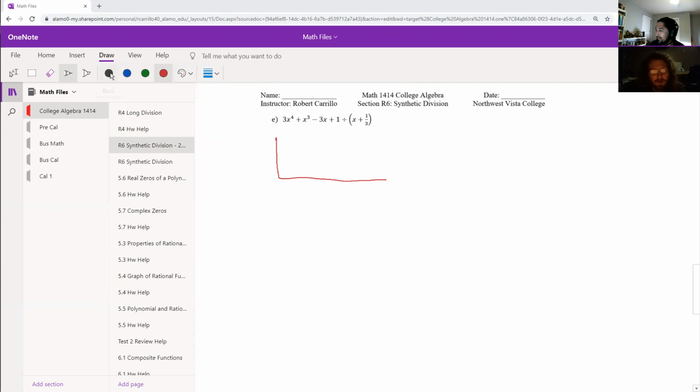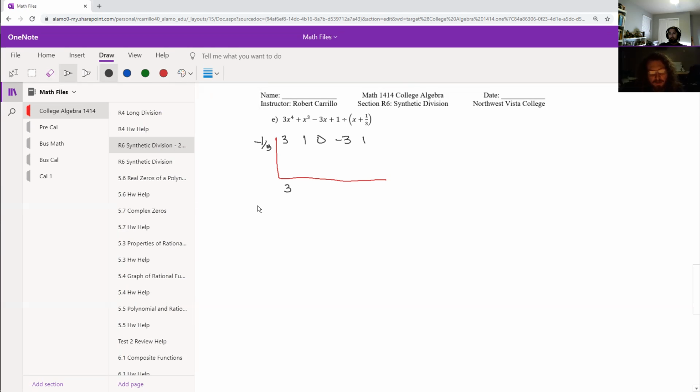Okay. All right. So our coefficients are 3, 1, skip a power, 0, -3, and 1. And our factor is -1/3. We get our 3 for free.